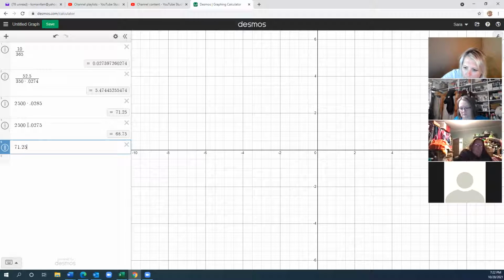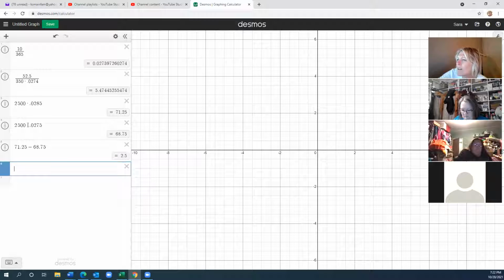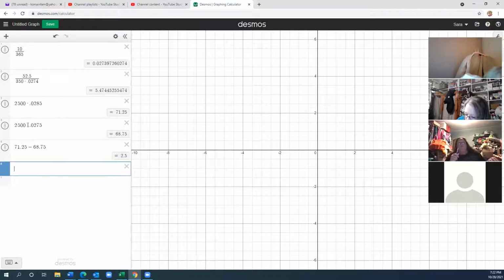So 71.25 minus 68.75. So we earned $2.50 more. Woo. Not a huge difference, but every little penny counts, right?